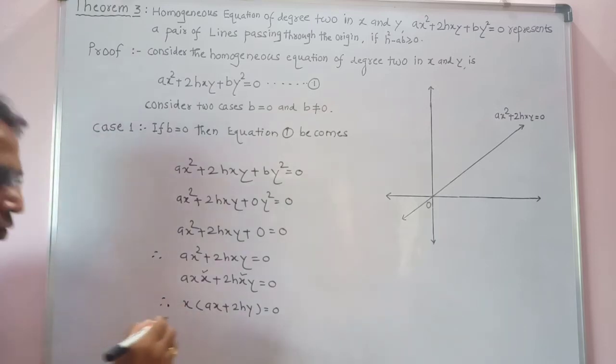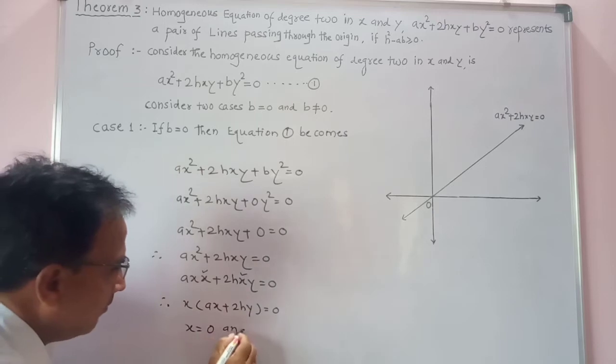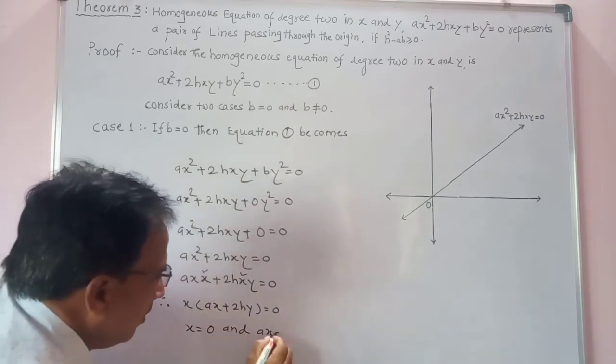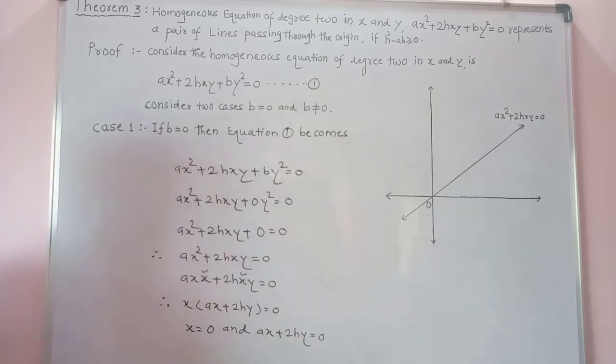Therefore x equal to 0 and ax plus 2hy equal to 0.